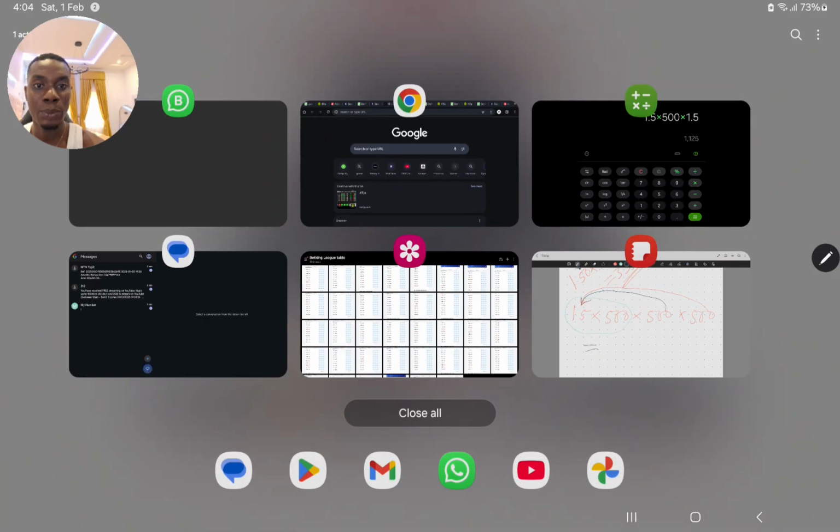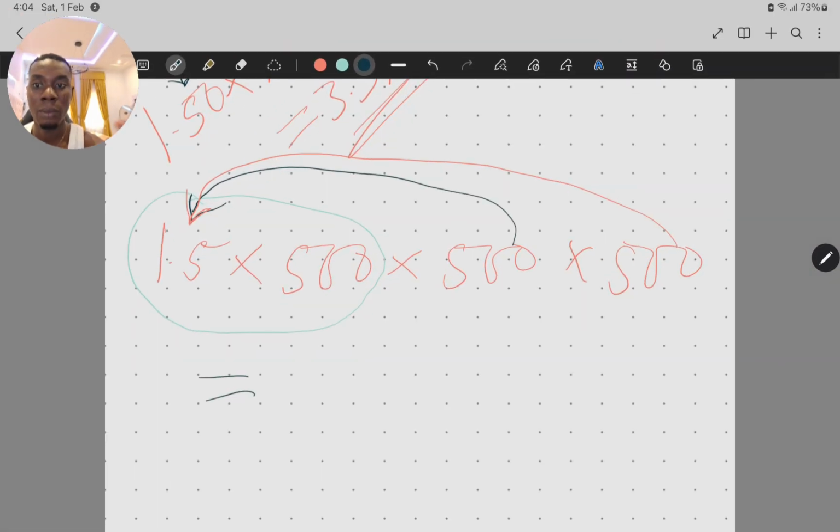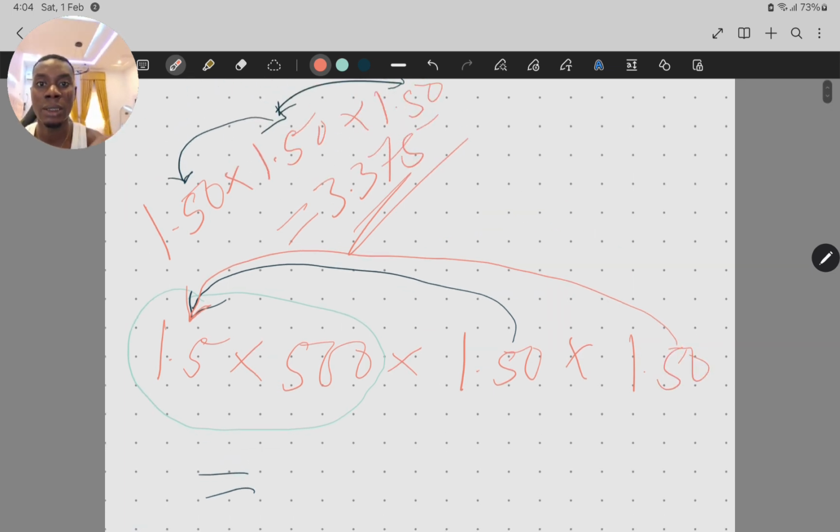So at this point here, where I used 500, it's supposed to be times 1.5. So here is supposed to be times 1.5 times 1.5, which is exactly the same thing that is up there. So you are bringing it down while you're fixing the amounts.